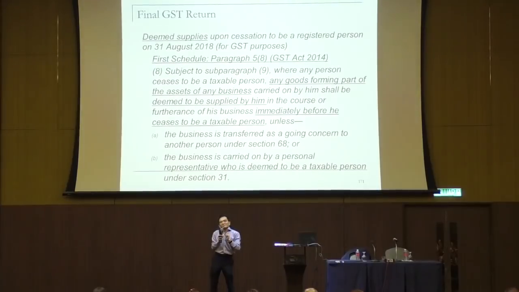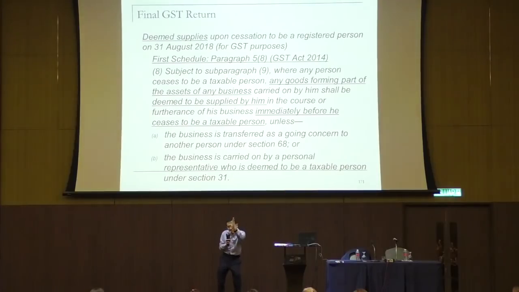Now, why? Because remember, when you cease to be a registered person, all these goods that you have in your company, when you bought all these goods, all this fixed asset, you have claimed input tax on it. So when you cease to be a registered person, Customs won't let you off just like that. Customs will ask you, how much goods do you have left in the company not sold?